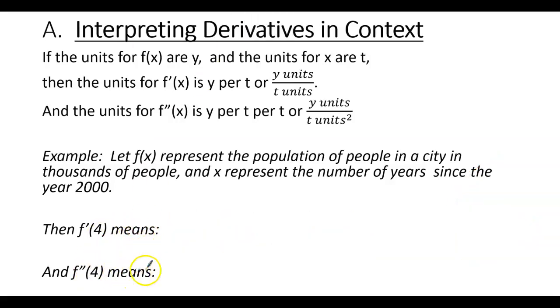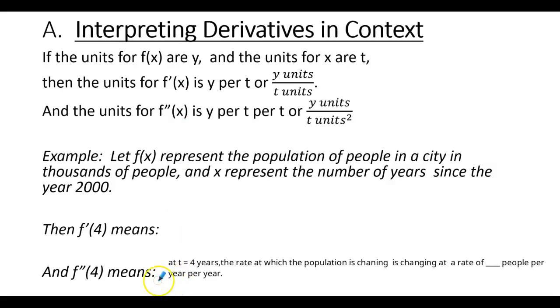So what would this one be? This is people per year squared, okay? Because it's the second derivative. So how would this interpretation work? This one would be at t equals 4 years, that's because the number on the inside is 4.